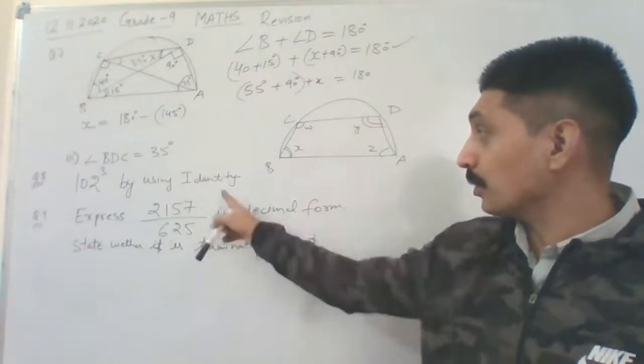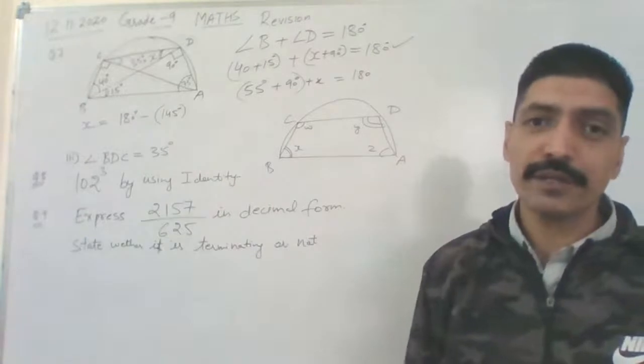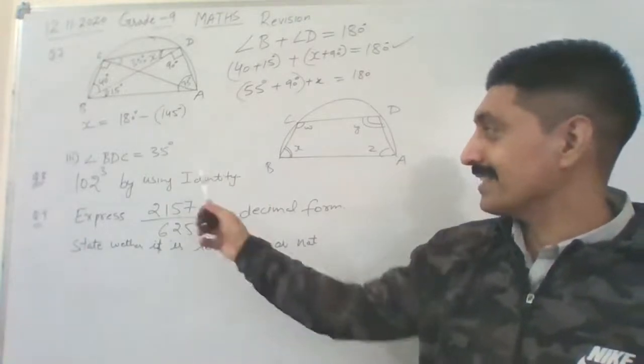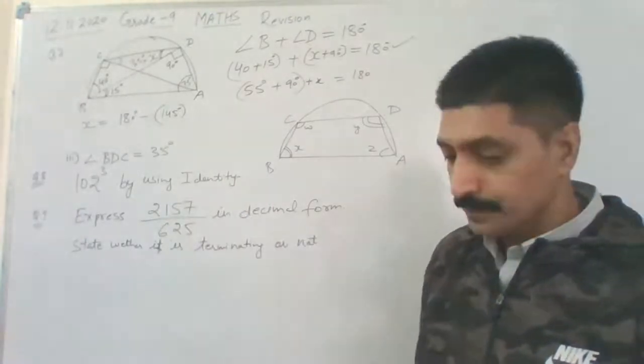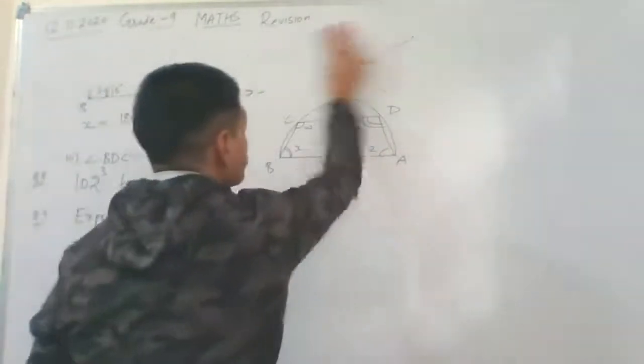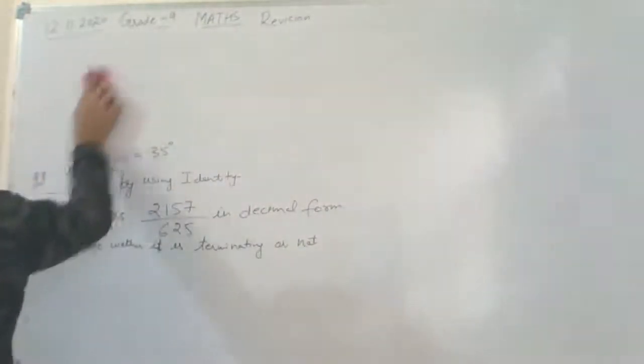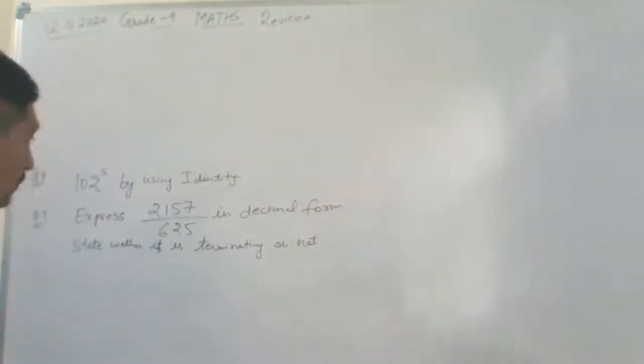Come to the 8th question. What is the answer? Don't use calculators or mobiles. Use an identity. How? Just check question number 8.